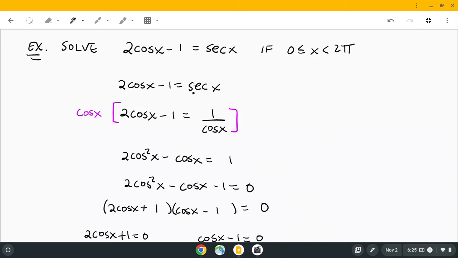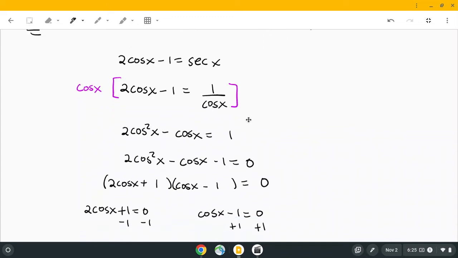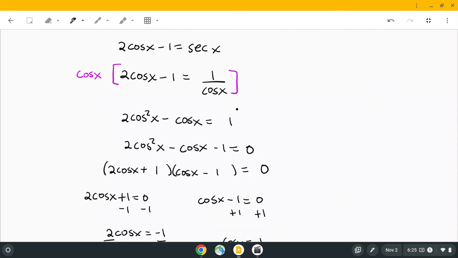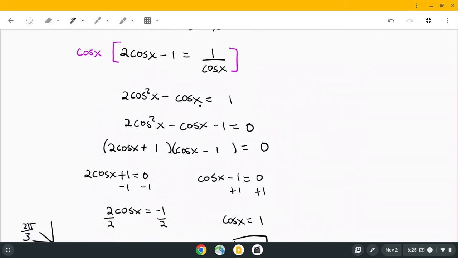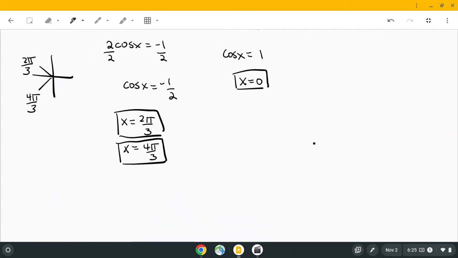We have two different trig functions, so we try to rewrite one of them so that we only deal with one type of trig function. So we use the reciprocal identity here, which introduced a fraction, so we cleared our fraction. Okay, and then we ended up with this quadratic in form. And so we used factoring to solve. Okay. All right, let's take a look at this next example.